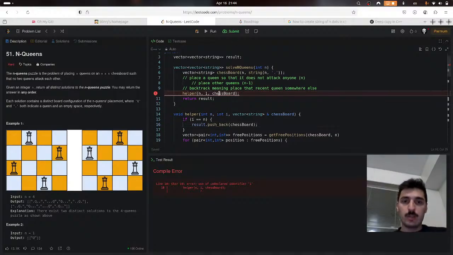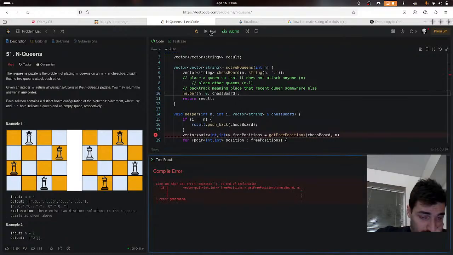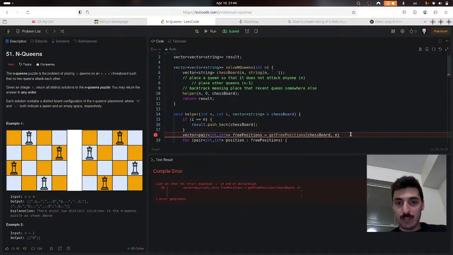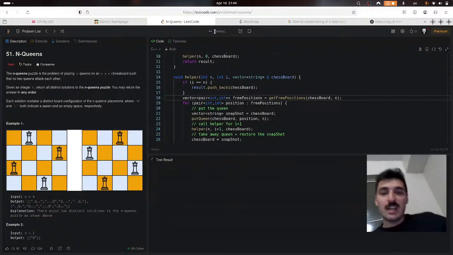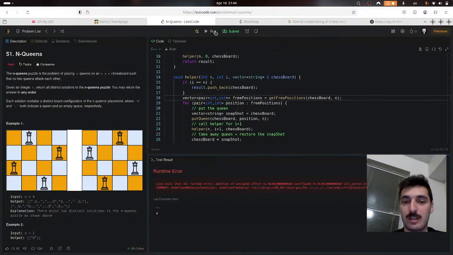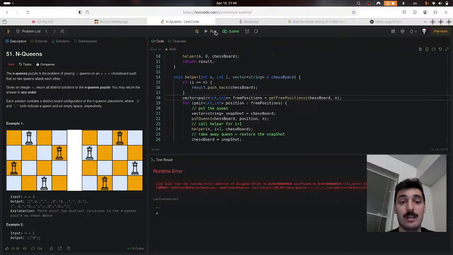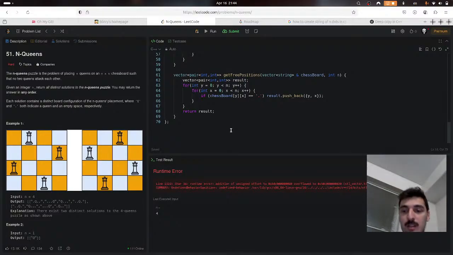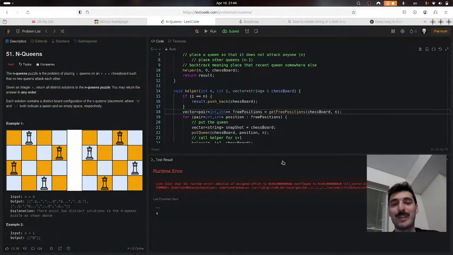Oh, compiler, really? Come on, compiler, tell me. A runtime error. That is bad. Where did that happen? Oh, I don't even know where that happened.